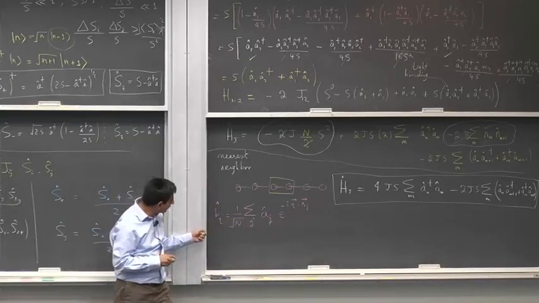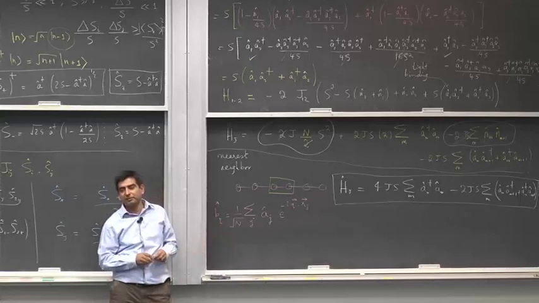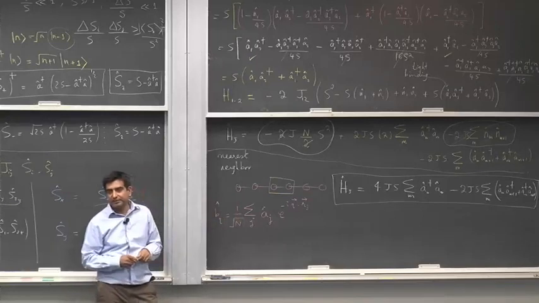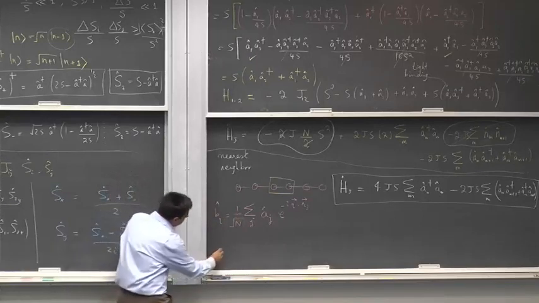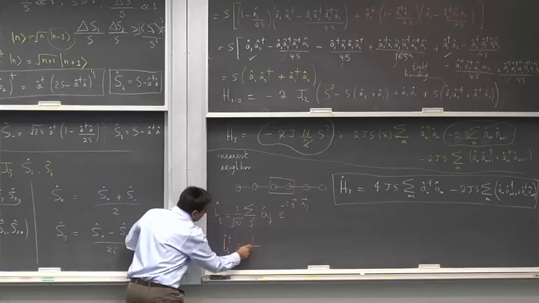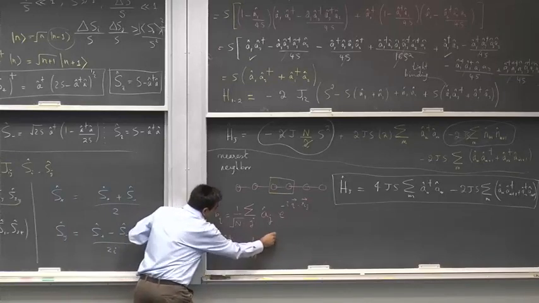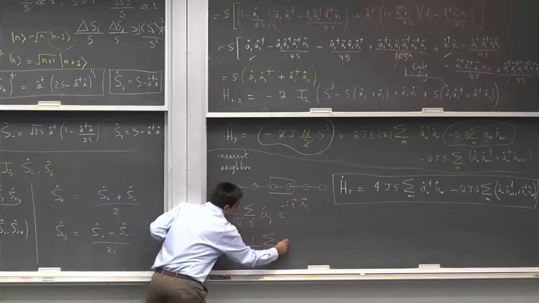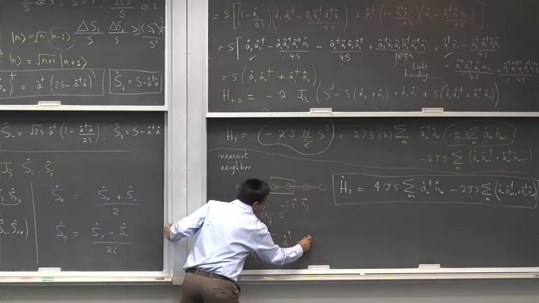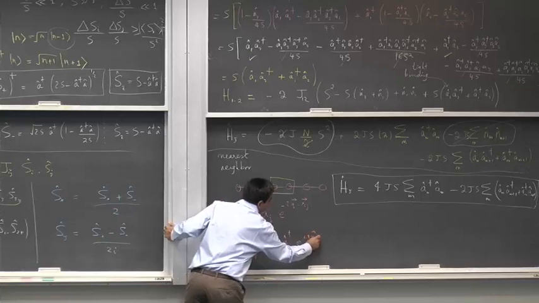So this is the definition of the Fourier transform, and if I take the complex conjugate of this expression, I can find b_q dagger. b_q dagger is 1 over square root n, sum over j, a_j dagger e to the plus i q r_j.